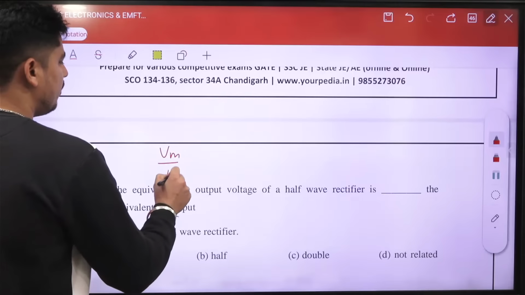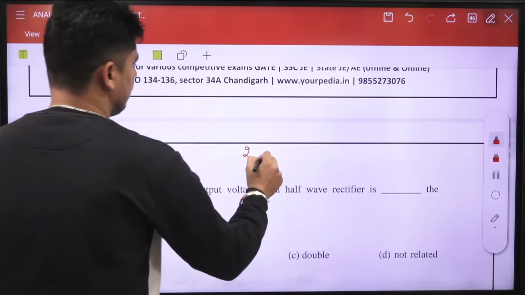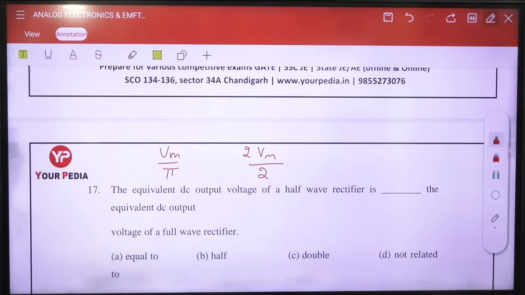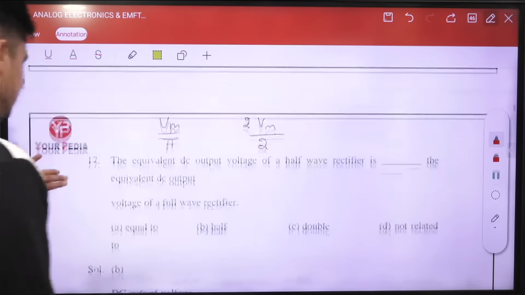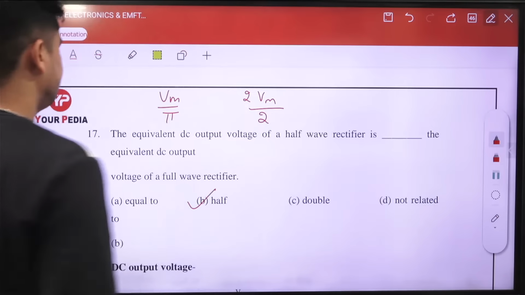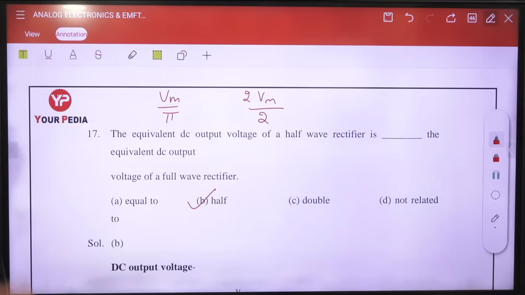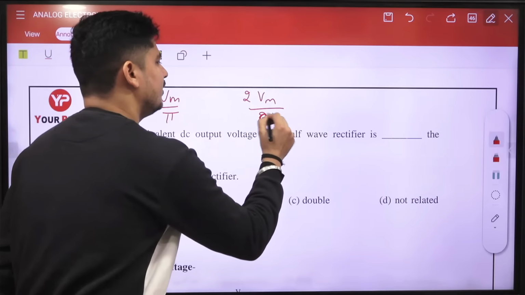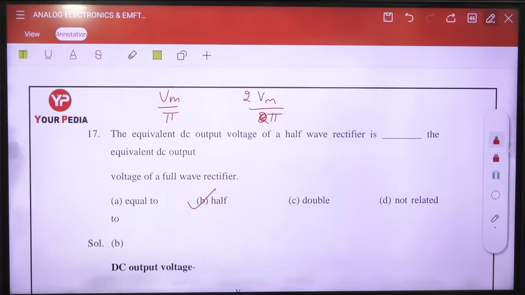That is Vm over pi, and for a full wave rectifier, twice Vm over pi. So what will be the answer? That will be half. Got it? Okay.